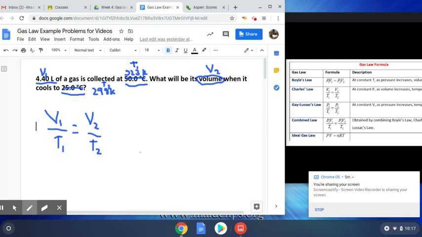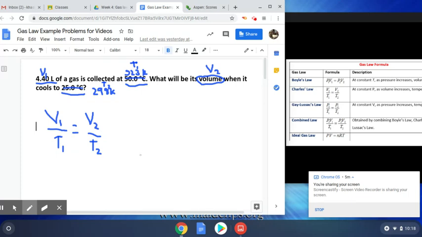Now, what I'm about to say is a little bit controversial among teachers, so your teachers might not be too happy that I'm telling you to do this, but I have found over the years that it is the easiest way for students to solve when there is a fraction. It makes it easier on them if they start off by cross multiplying.